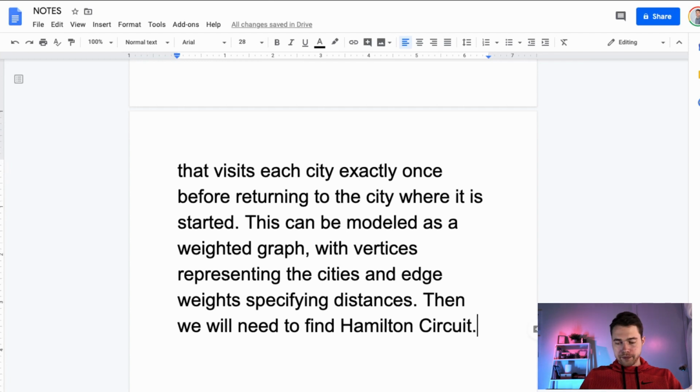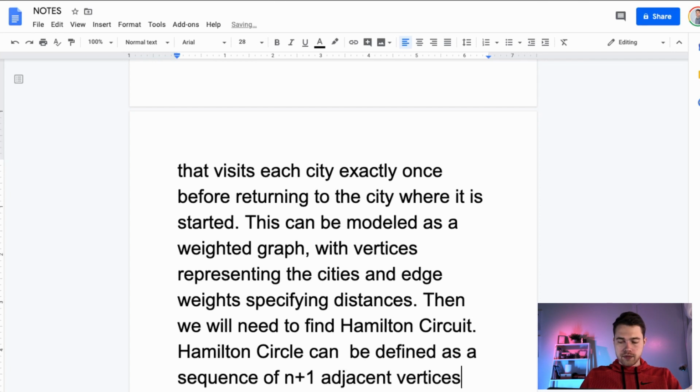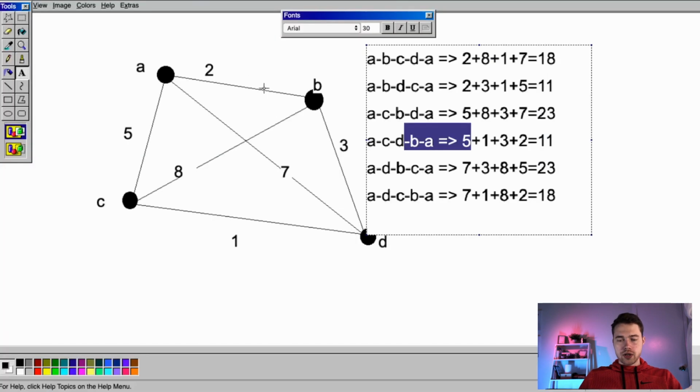So, Hamilton circuit can be defined as a sequence of n plus 1 adjacent vertices. Why n plus 1? Here we have n vertices. We start with, let's say, A, and then we come back to A as well, which means that A is mentioned twice.